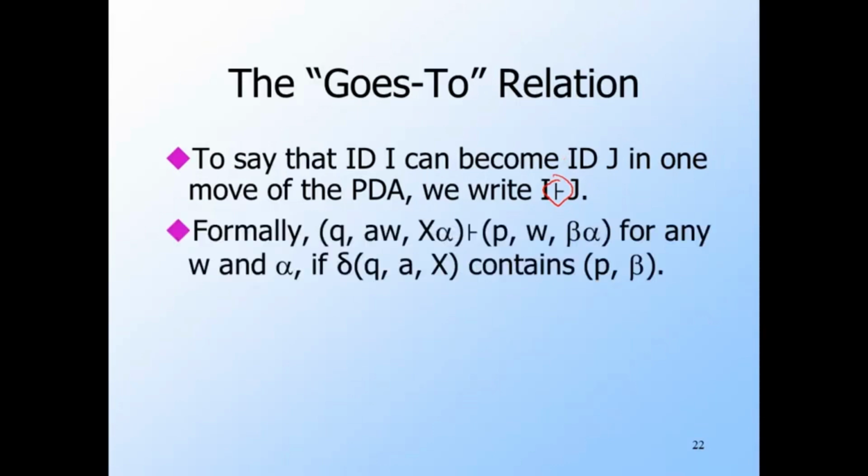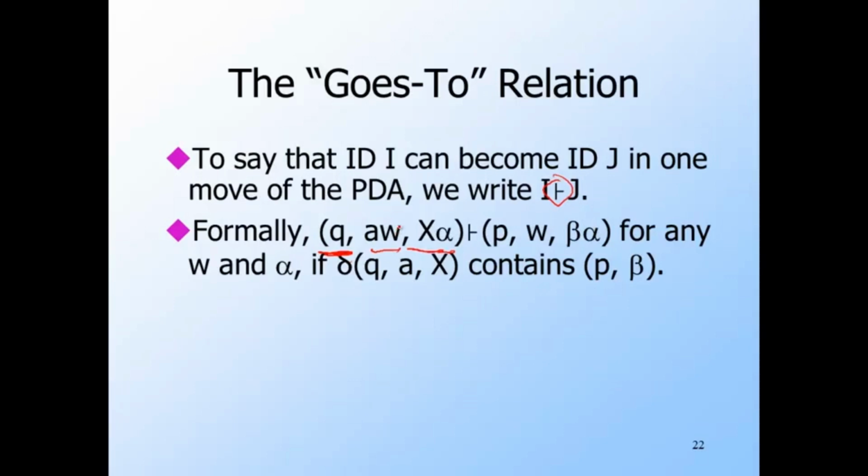That is, suppose the first ID has state q and input aw, where a is either the first symbol or epsilon, whatever is used for the next move, and it has stack X alpha, where X is the top symbol and alpha is then everything below that.